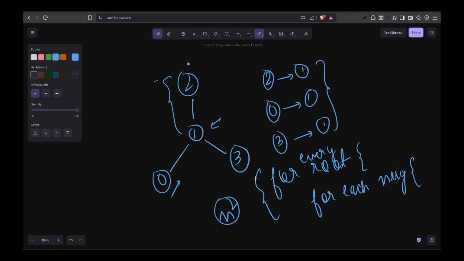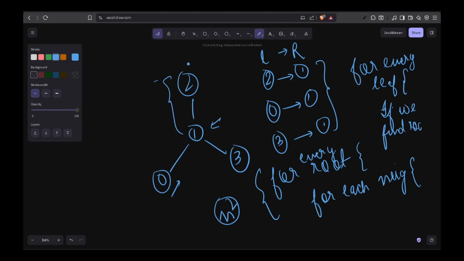But in this case, when we are traversing from leaf to root node, what we can do is for every leaf, just go wherever it wants, see if we find the root, and modify the answer equal to the minimum of whatever we have found or whatever was stored, right?